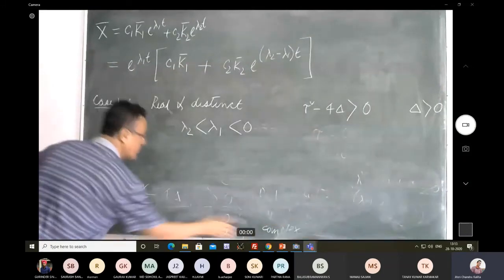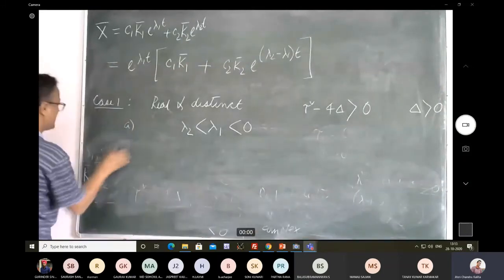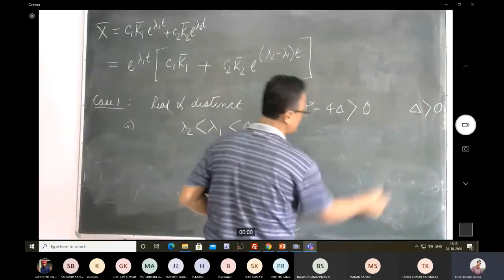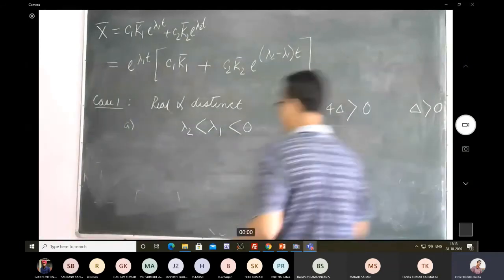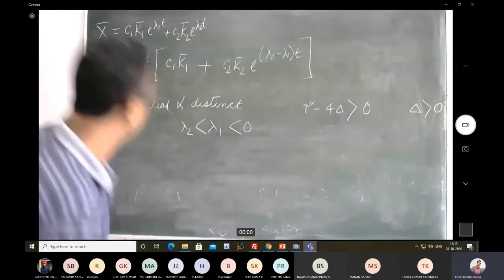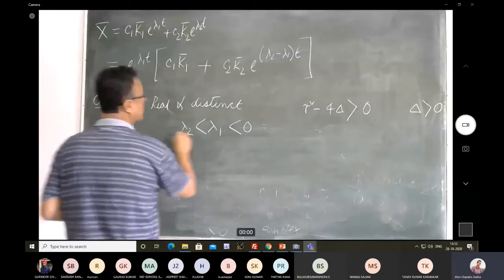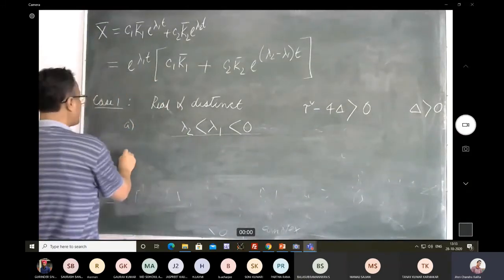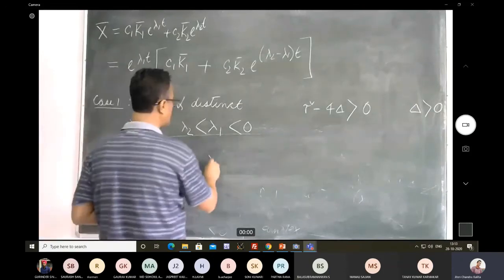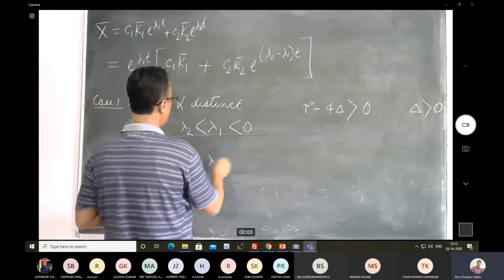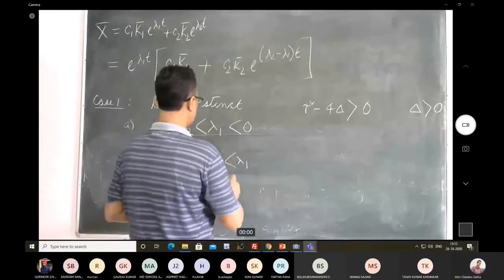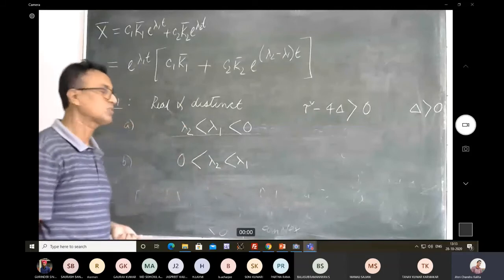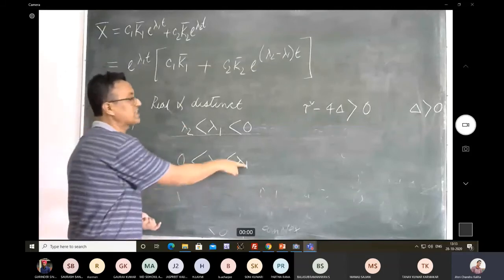So with this information, we can definitely proceed further. You will see that this is very, very interesting. I don't know whether you find it interesting or not, but I am really fascinated by this. Now, whether they are positive or negative, we are always going to assume that lambda 2 is less than lambda 1.